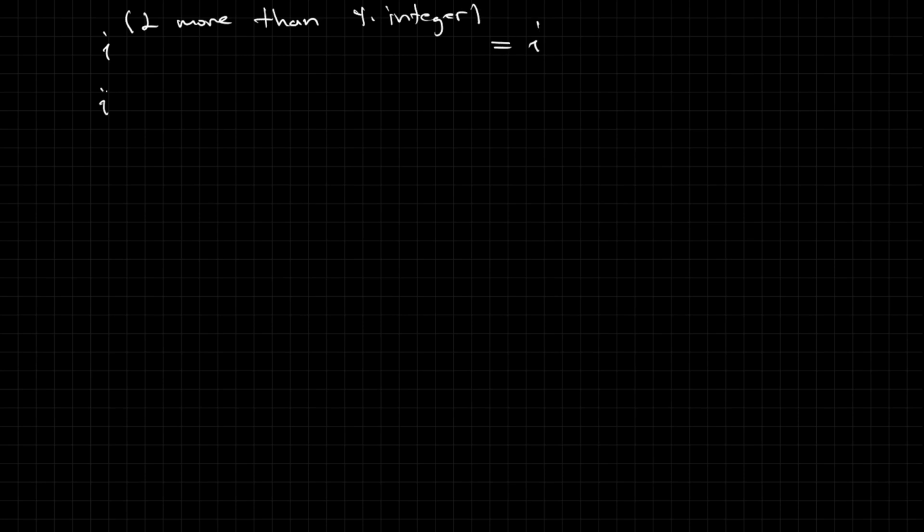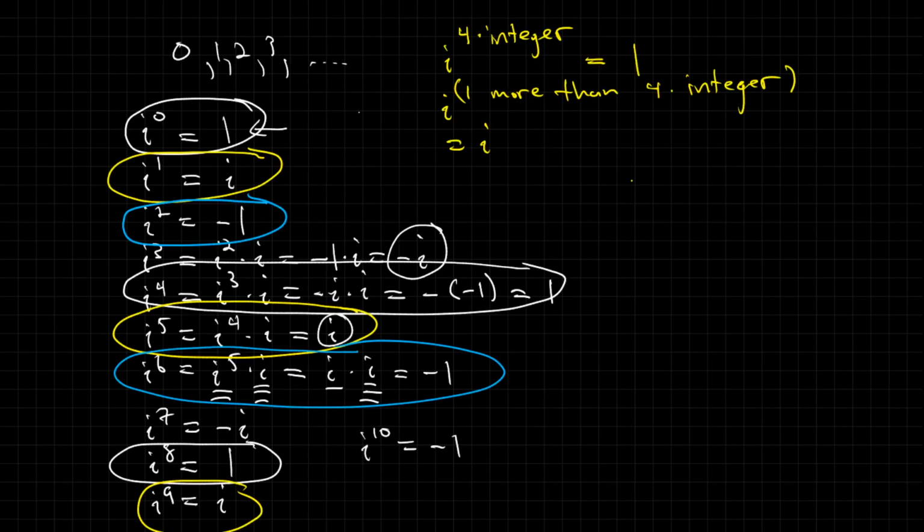And you might be able to guess that if you do i to a power that is 3 more than 4 times an integer, you get negative i. We can look back at our pattern here, and we see negative i for i cubed and negative i for i to the 7th.